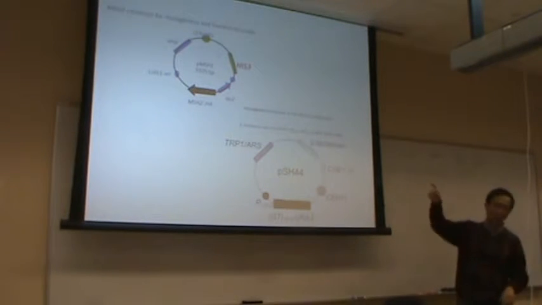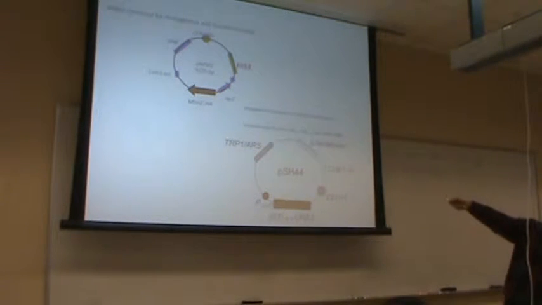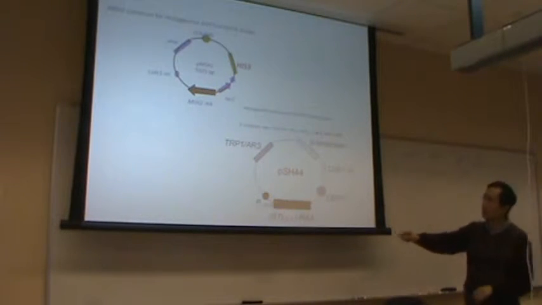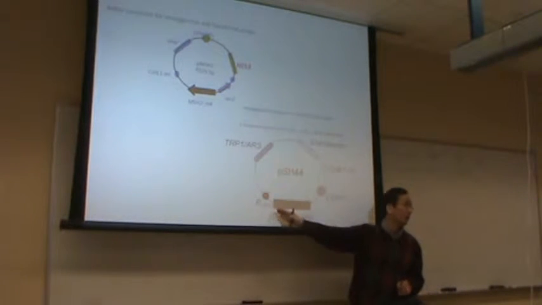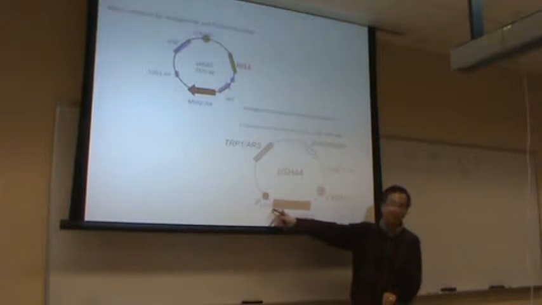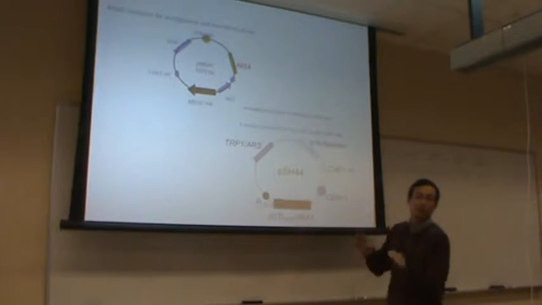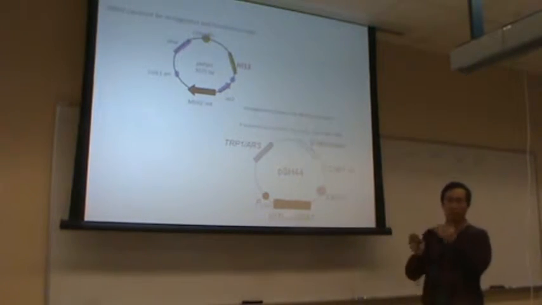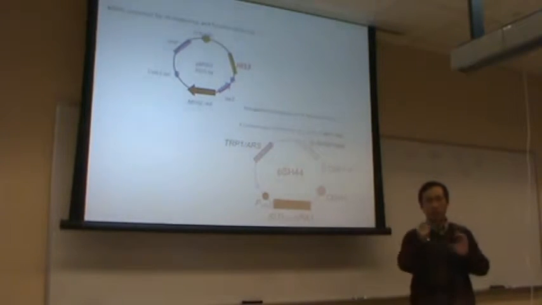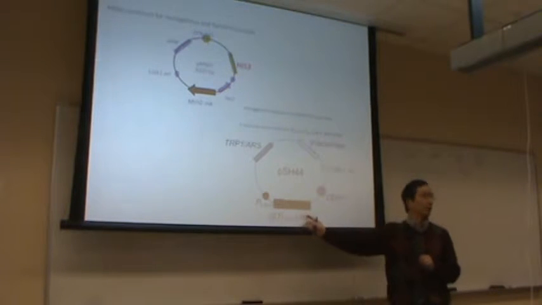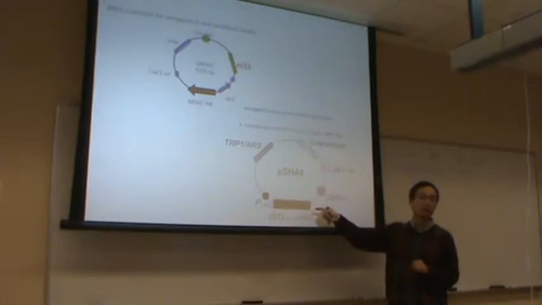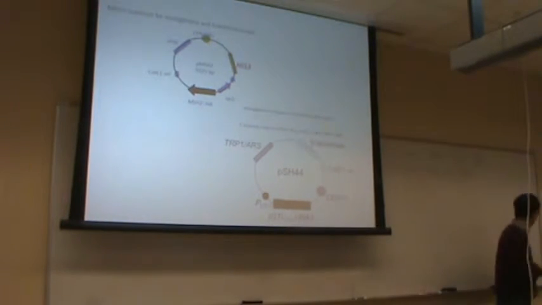Why is that the case? That's because we have a mutant MSH2 there. The mutant MSH2 will have a hard time repairing the microsatellite in front of URA3. If the microsatellite replication slips, it leads to a frame shift mutation, and then we have a dysfunctional URA3.